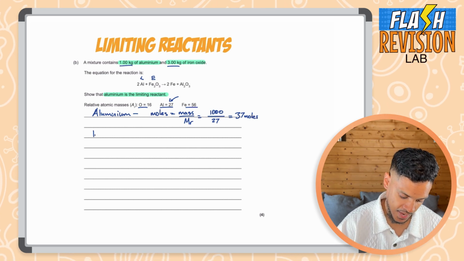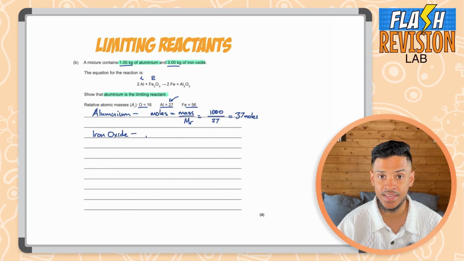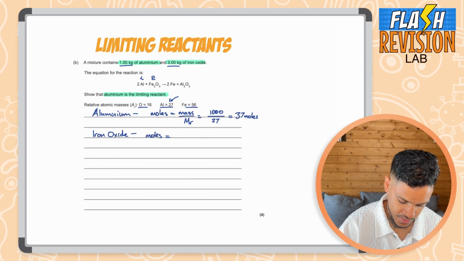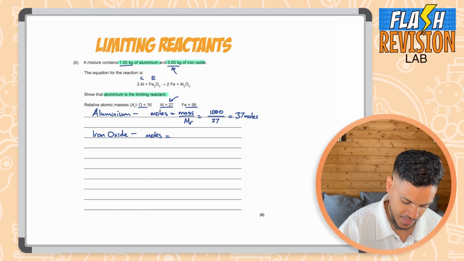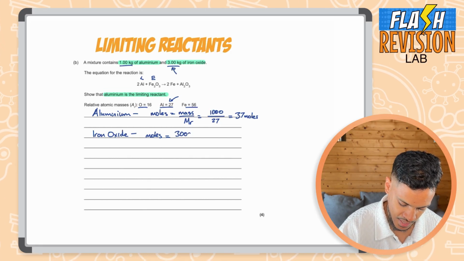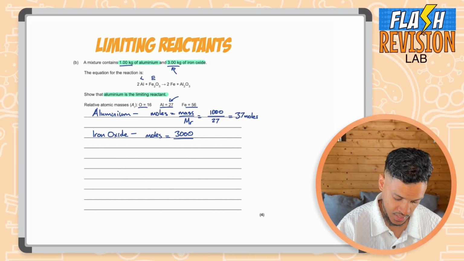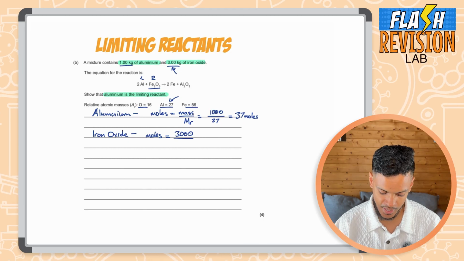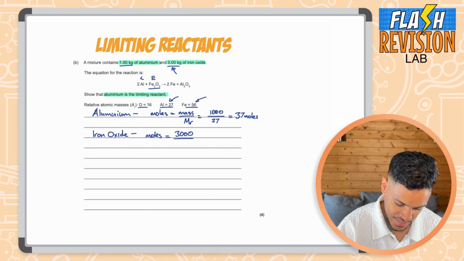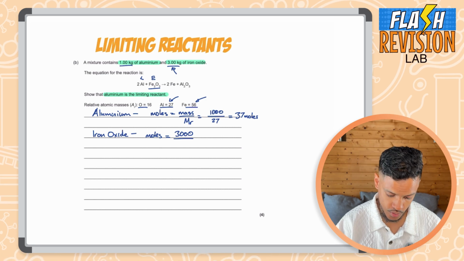Now let's look at how much iron oxide we have. What we're going to do is the same thing again. Moles is equal to mass over Mr. Let's sub the values we've got in here. We've got 3 kilograms this time, so it's going to be 3,000 divided by the Mr of iron oxide. Iron oxide is Fe₂O₃. We need to work that out. So Fe is 56. It's Fe₂O₃, so we need 2 lots of 56.